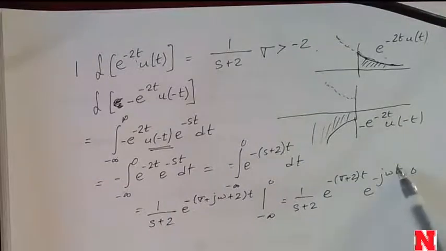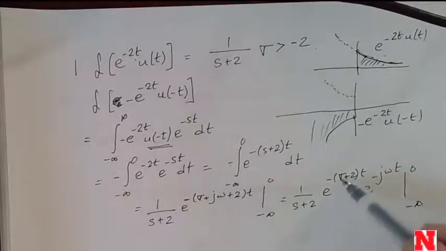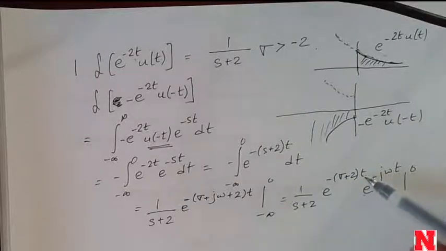When I plug in 0, I'll just get e to the power 0, which is 1. So that works out just fine. When I plug in minus infinity, this one here is not an issue, because whatever we get will have a magnitude of 1. Here, when t goes to minus infinity, this minus will cancel out with that minus.